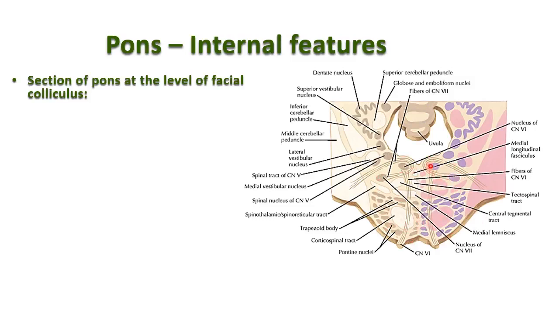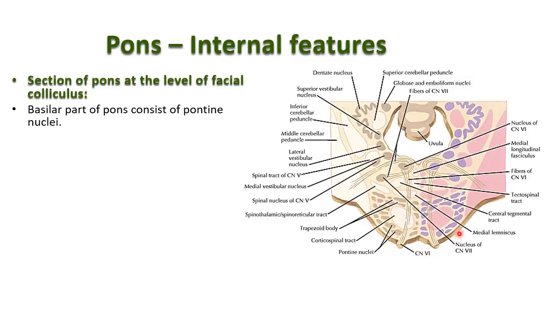You can see the winding of the facial nerve fibers, and that is forming a swelling which is called as the facial colliculus on the floor of the fourth ventricle. So this is what we have seen in the previous slide. So first let us try to understand what are the features on the ventral part or the basilar part of the pons.